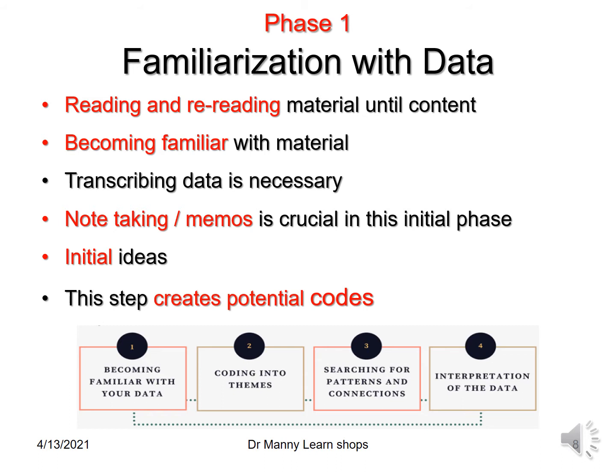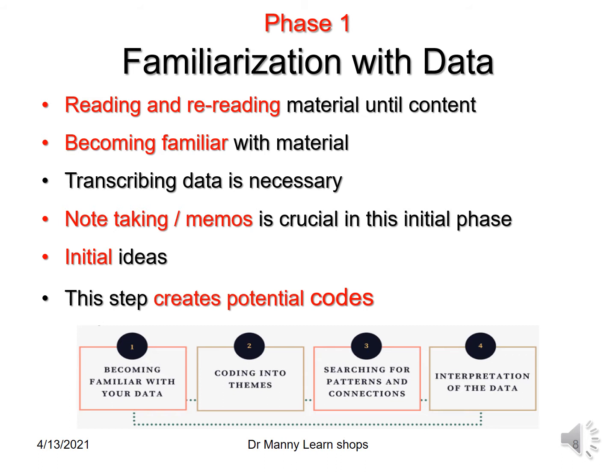Let's look at phase 1. Phase 1 is familiarization with the data. Before you embark on any form of analysis, you should be familiar with what you're doing. So this means reading and rereading material until you're familiar with it and happy and content.